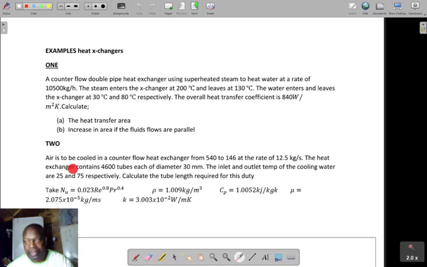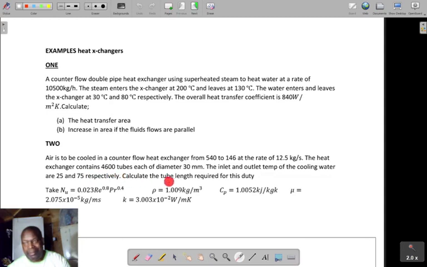You're told that the heat exchanger contains 4,600 tubes, and each tube has a diameter of 30 millimeters. You're told that the inlet and the outlet temperature of the cooling water is 25 degrees and 75 degrees respectively.